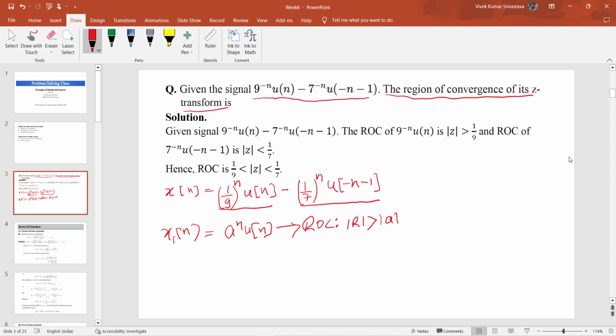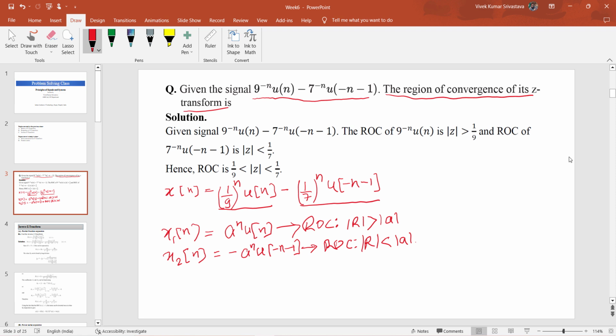Whereas for the left sided signal, which is minus a^n u[minus n minus 1], the ROC is defined as mod of z less than mod of a.